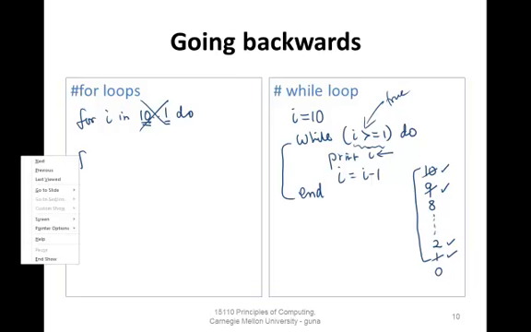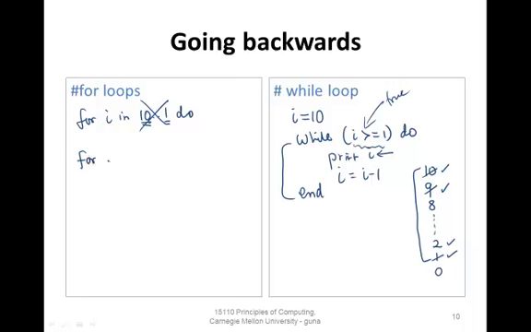If you want to do some magic with this, you can say for I in 1 to 10 do. Let's suppose that I want to still print 10, but I cannot print 10 when I equals 1. So what I can do is a trick here. I can take the 10, subtract I, and add 1 to it.